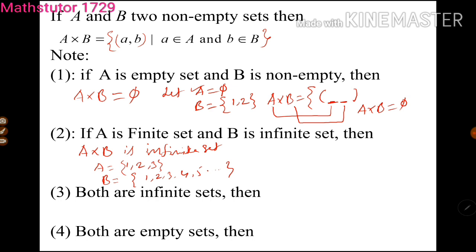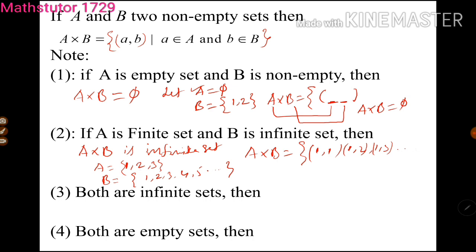Now if you want to write A cross B, the elements in A cross B are ordered pairs. Take the first element, 1, fix the 1 in set A, and make the ordered pairs from the set B: (1, 1), (1, 2), (1, 3) and so on, because B has an infinite number of elements. So here A cross B also has an infinite number of elements.